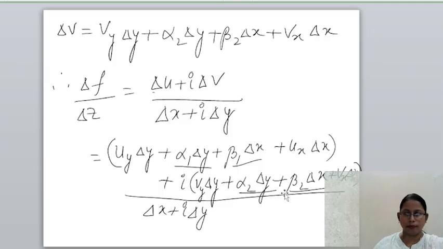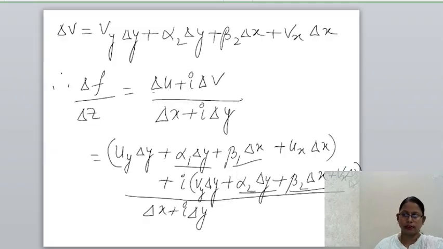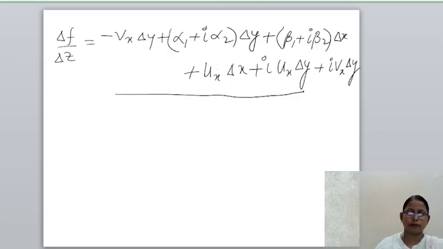In place of vy I am writing ux delta y. This is i ux delta y. Again i vx delta y, plus i vx delta y, divided by delta x plus i delta y.